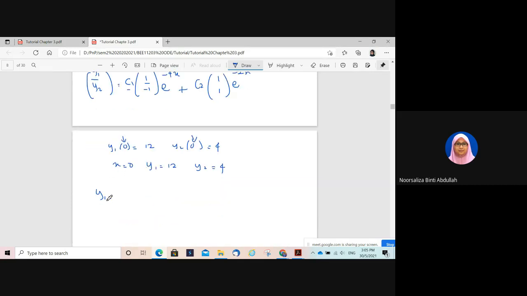So y1 equals to c1 exponent minus 4x, plus c2 exponent minus 2x. This one is y1 and y2 is c1, minus 1, exponent minus 4x. So here is minus c1 exponent minus 4x, plus c2 exponent minus 2x.